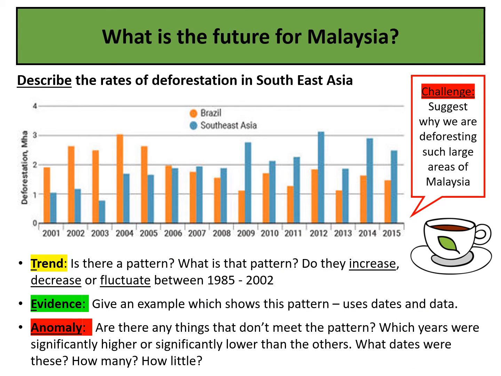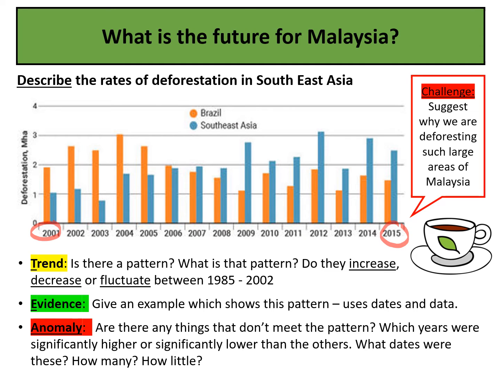So what is the future for Malaysia? Well, what we have here is a bar chart, and it's looking at two locations. It's looking at Brazil, which is the orange colour, and it's looking at Southeast Asia. And I would like you to describe this. So we're comparing the data from 2001 to 2015.